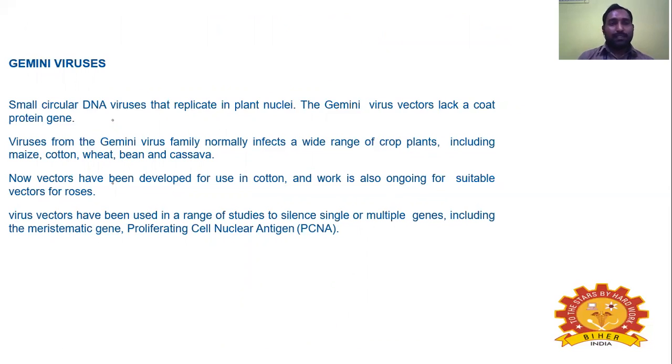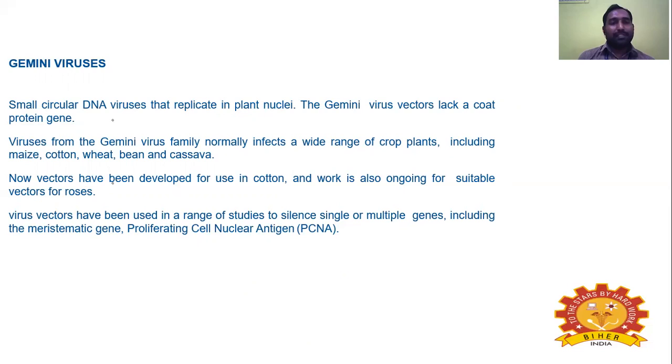And the next virus is the Gemini virus, a small circular DNA virus that can replicate in plant nuclei. These Gemini virus vectors lack the coat protein gene, and the family can easily infect a wide range of plant crops, including maize, cotton, wheat, bean, and cassava. So these are the plants usually affected by this Gemini virus.